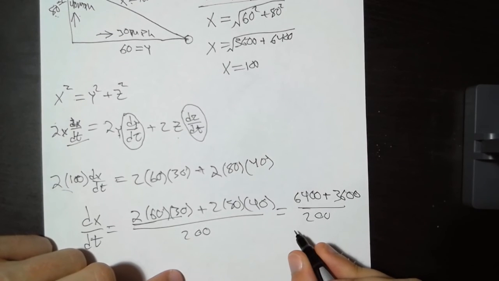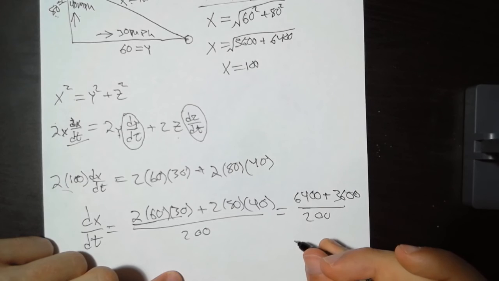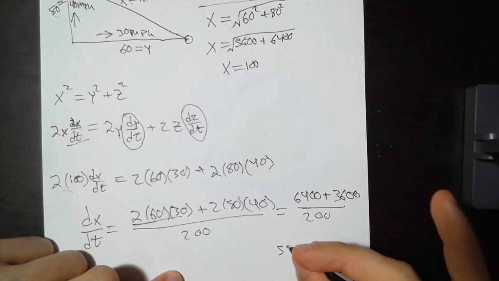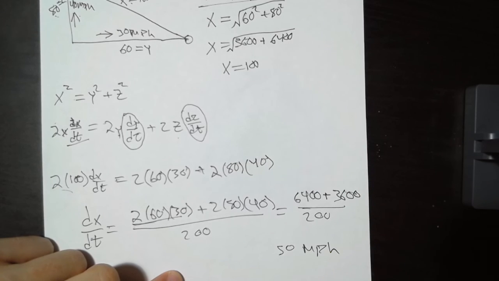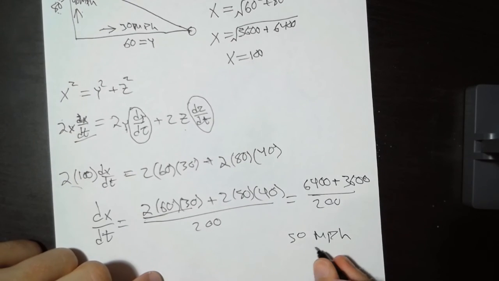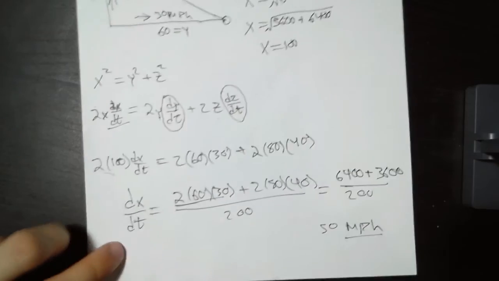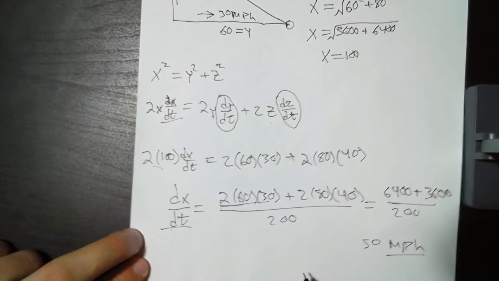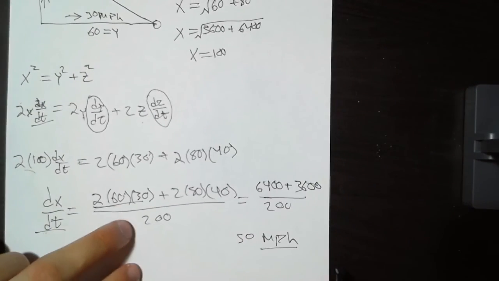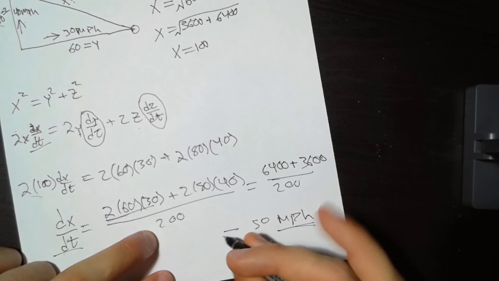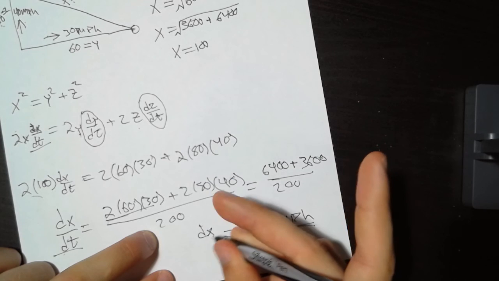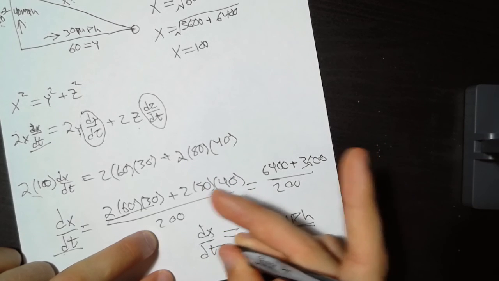And adding these up, we get 50 miles per hour. The reason we're doing miles per hour is because we were looking at the derivative, and derivative is rate of change, and everything we've done is in miles per hour. So that's going to be our answer for dx over dt.